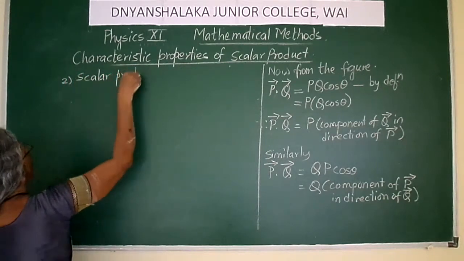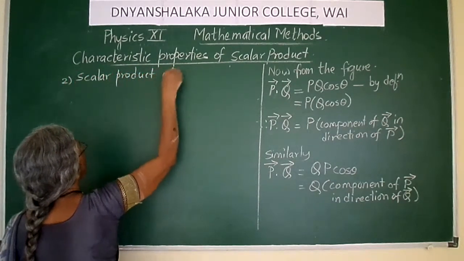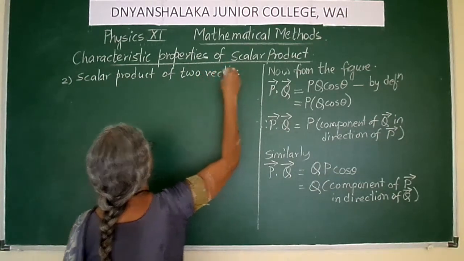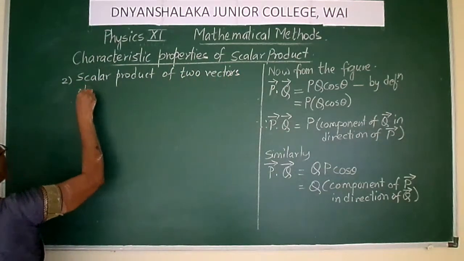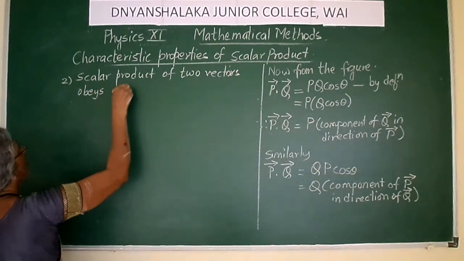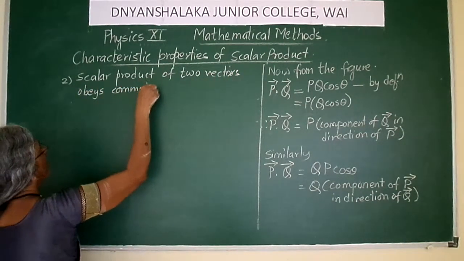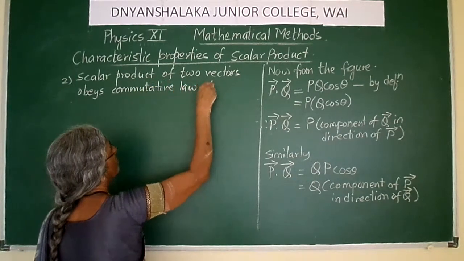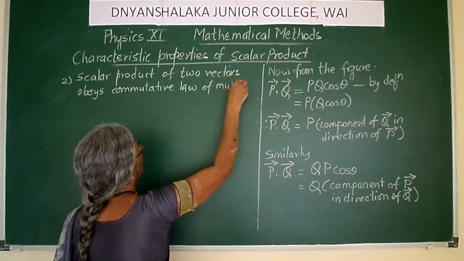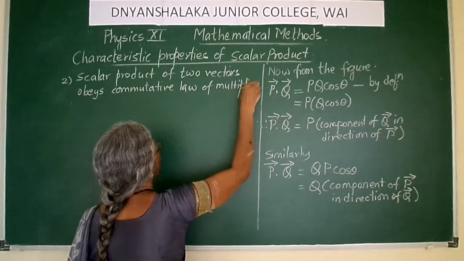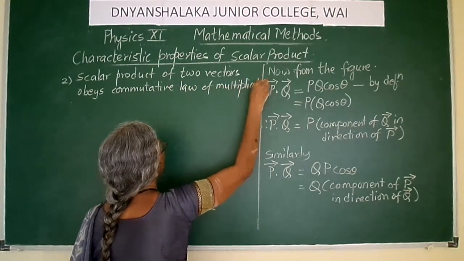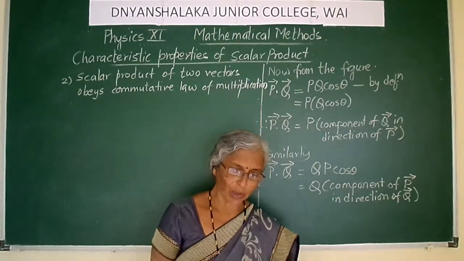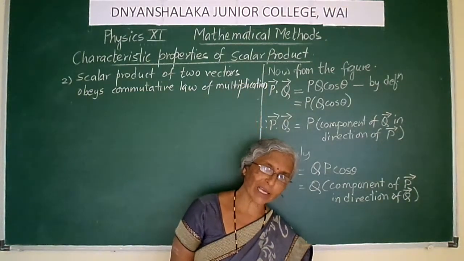Scalar product of two vectors obeys, follows commutative law of multiplication. What does it follow? Commutative law of multiplication. Okay. Now what is commutative law of multiplication?